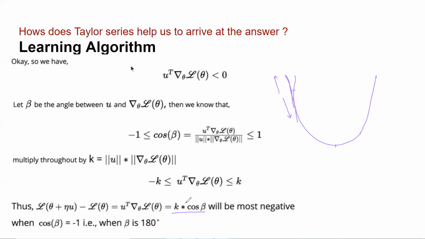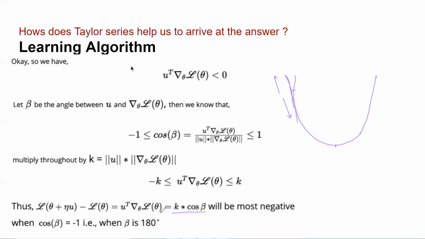So your main question is, why are we multiplying k on both sides? No, that is clear to me. The equation where the first two parts are clear to me, but then you further say it's equal to k multiplied by cos beta. From where are you getting that k into cos beta?